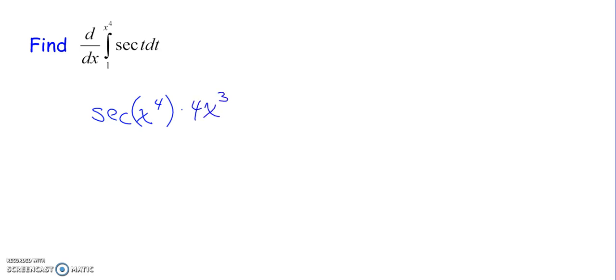And that would be the derivative. So if you consider this function to be g of x, then this would be g prime of x. So you substitute the b value in for t, and if it's not x, you have to use the chain rule. That is well said.